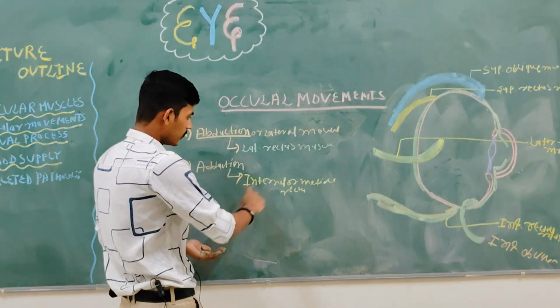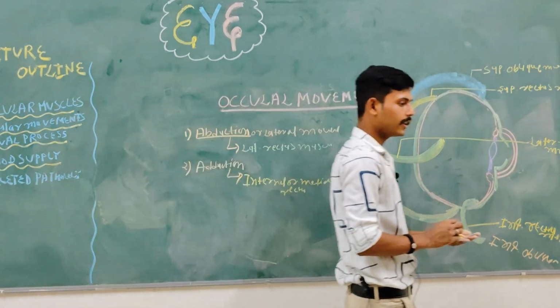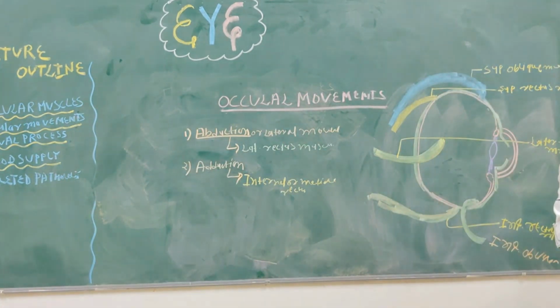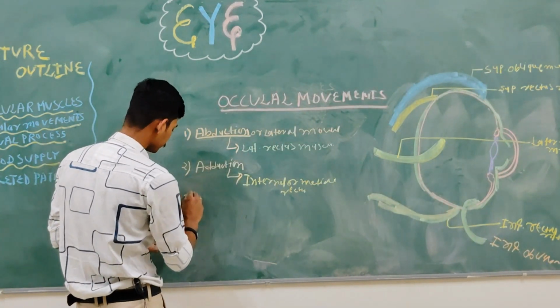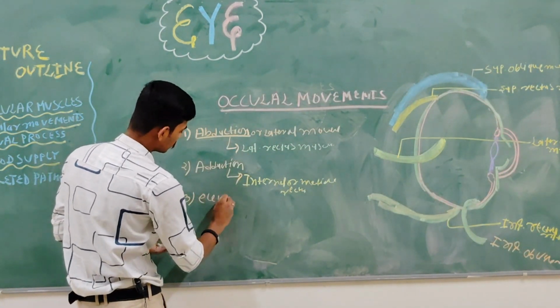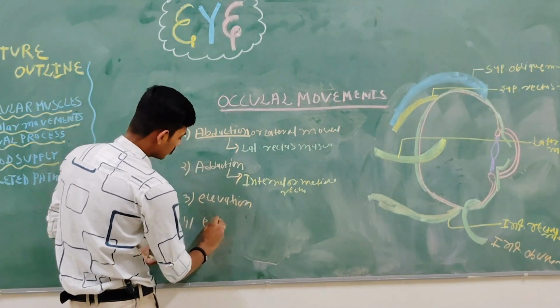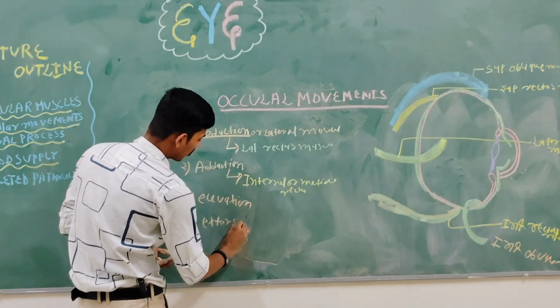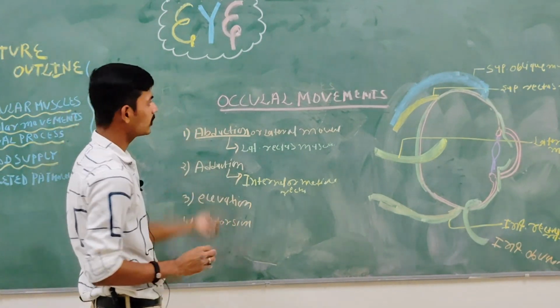So this is adduction. Then there are other movements like elevation and extorsion. These are the ocular movements.